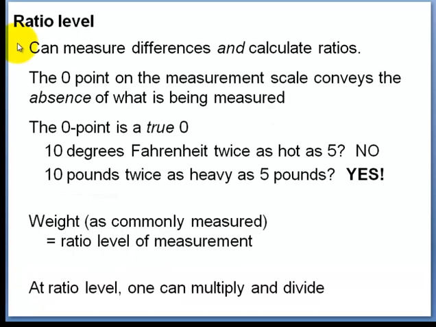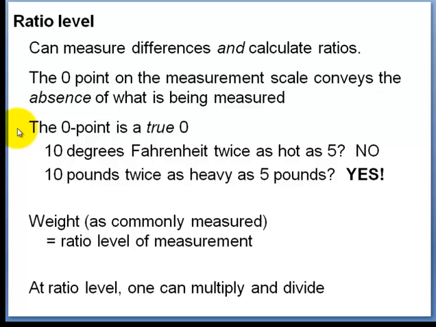At the ratio level of measurement, we can measure distances and also calculate ratios. At the ratio level, the 0 point on the measurement scale conveys the absence of what is being measured. Another way to say this is that the 0 point on the measurement scale is a true 0.